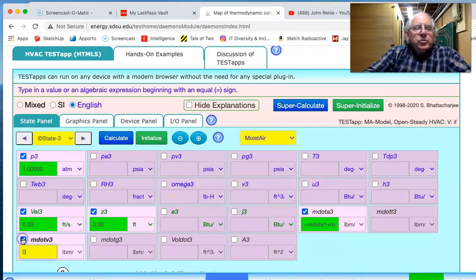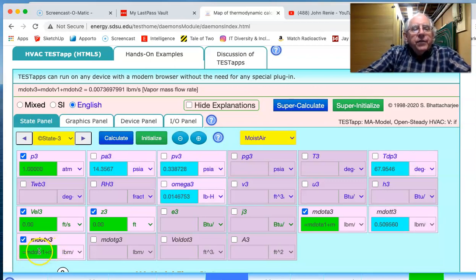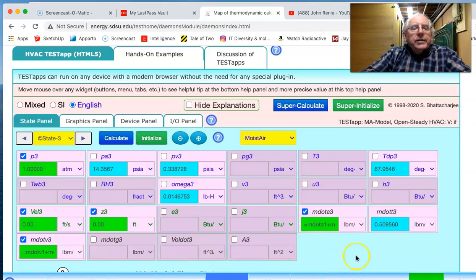Likewise, we say the same thing for the mass of the vapor at state 1 plus the mass of the vapor at state 2. So we have the vapor as well as the air coming together, and the volume flow rate does not add up. What else do we know about this process?